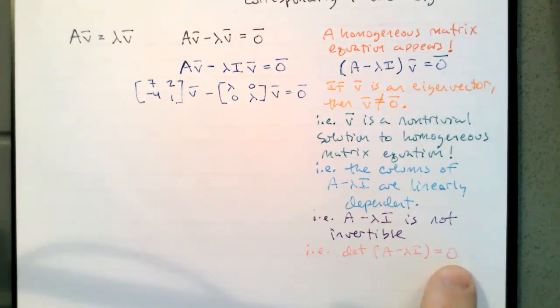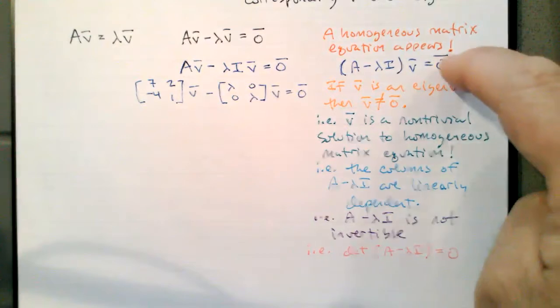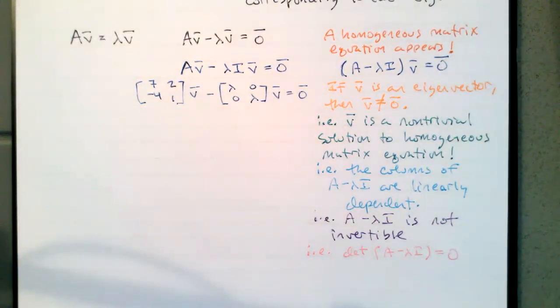Notice that this 0 is the scalar 0, not the vector 0. So we're looking for lambdas that make A minus lambda I not invertible.